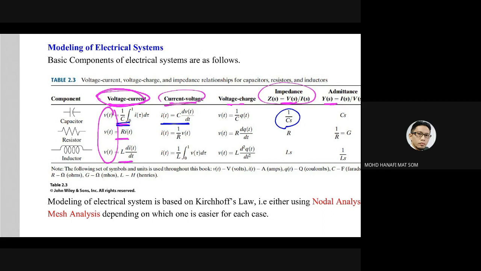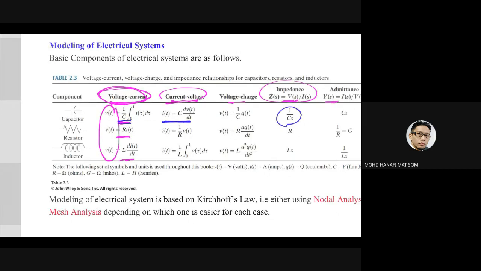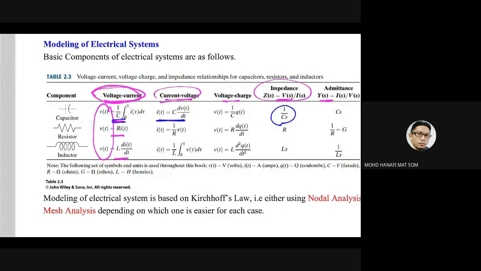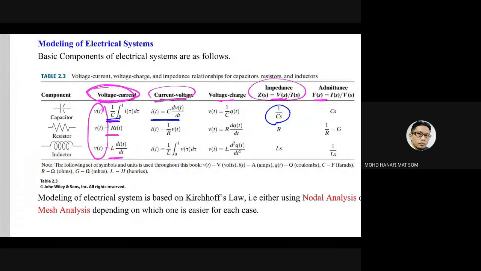So basically, when we transform this term into Laplace, we have the impedance relationship, where Z equals Vs over Is.